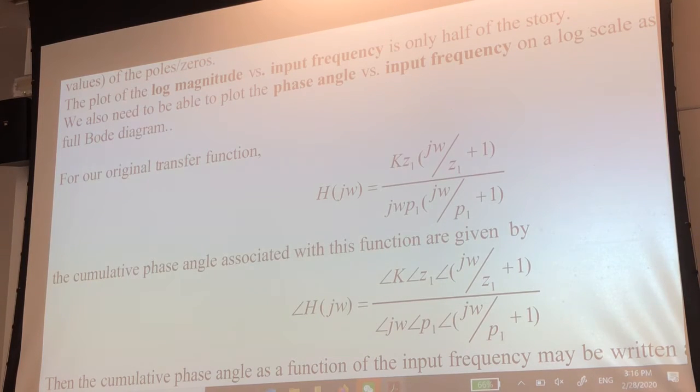You need two plots: magnitude Bode and phase Bode. So we are now learning how to do phase Bode. Again, I hope you pay attention, and if you understand the procedure here, you will be fine with Bode plot.